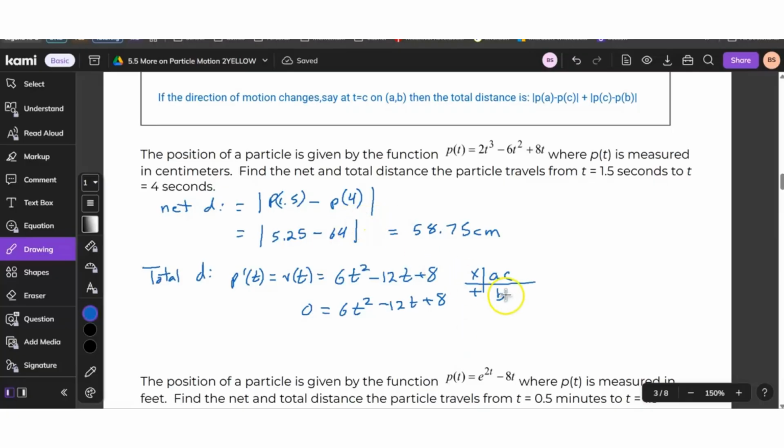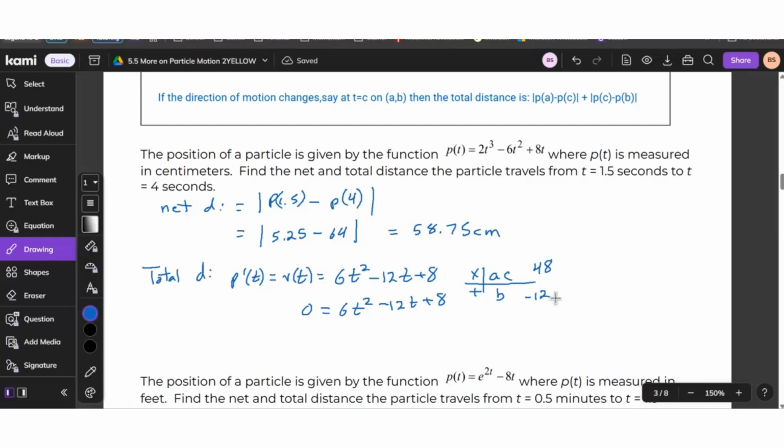So it can't be factored. I can't get something that multiplies to 48 and adds to negative 12. The only way to multiply to a positive is 2 negatives or 2 positives. Well, 2 positives will not add to negative 12, and 2 negatives that are factors of 48 are not going to add to 12 either.